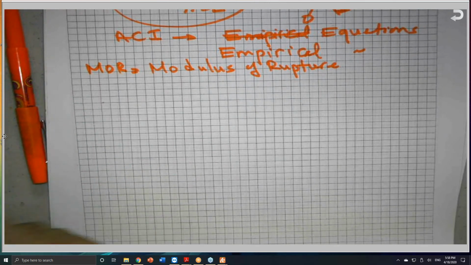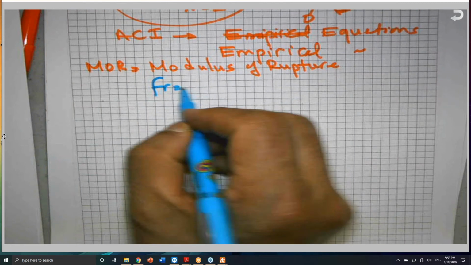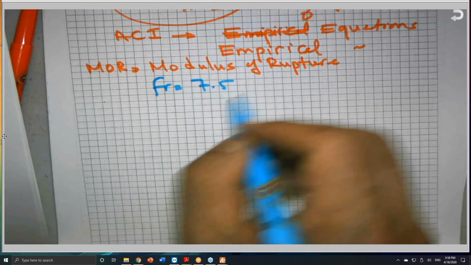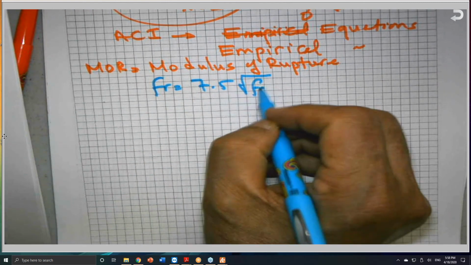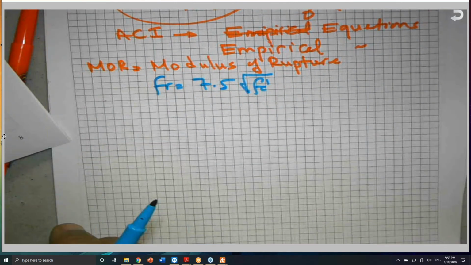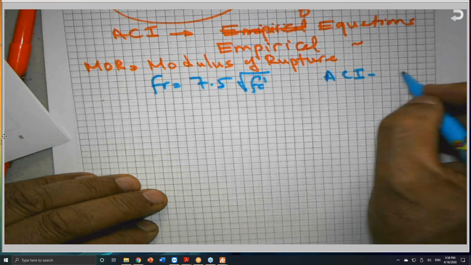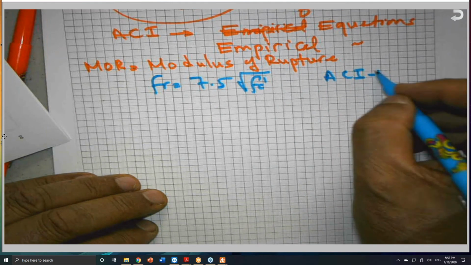And I believe I used one of them, which is F sub R equal to 7.5 square root of F sub C prime, which is given in the ACI code. If you go to the ACI code, the American code is ACI 318.